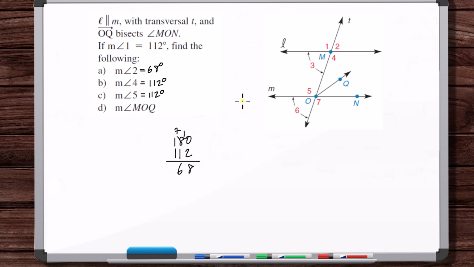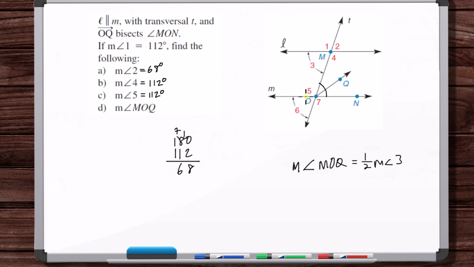Okay, now what else? OQ bisects MON. So the measure of angle MOQ is going to be one half times the measure of angle 3, because we know that this entire angle here is congruent to angle 3, opposite interior angles.